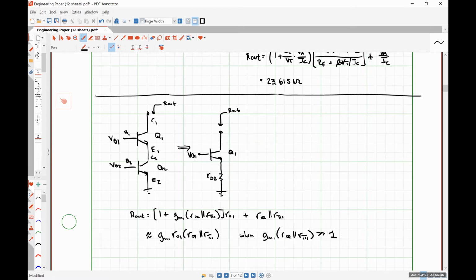I'm going to write down what a cascode PNP current source looks like as well, just for the sake of argument. Then we'll talk about some stuff.